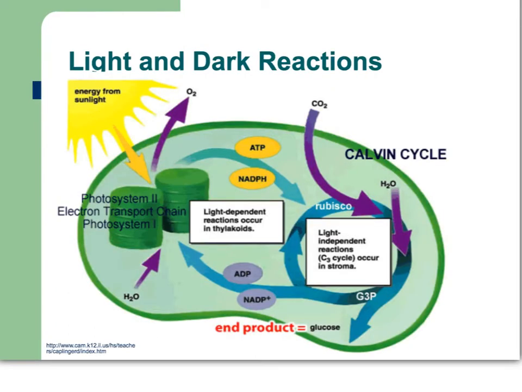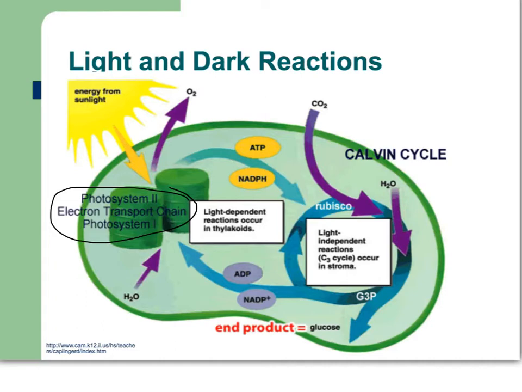All right, so here are your two reactions. We have our light reaction, and this is going to be your electron transport chain, which I'm sure you guys are all familiar with. Photosystem 2, photosystem 1. The only reason that they are named photosystem 2 and photosystem 1 in that order is that photosystem 2 was discovered second, as opposed to photosystem 1, but it actually happens first.